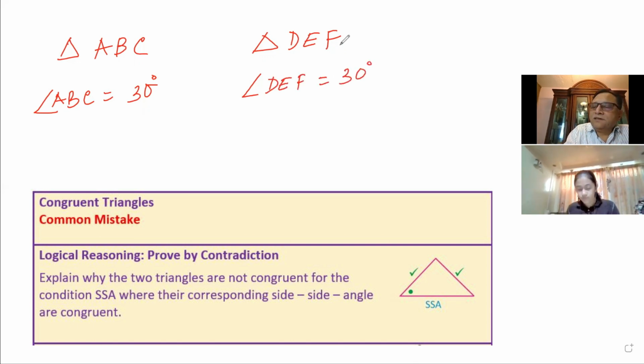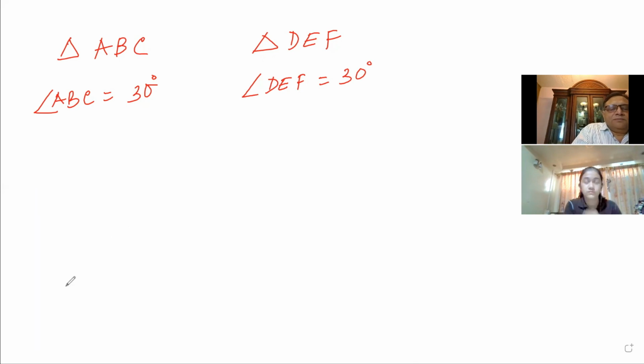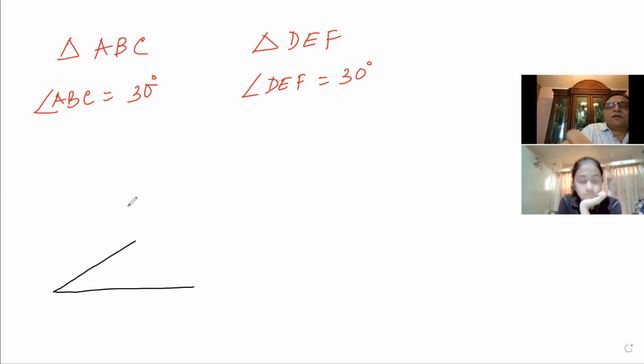So I have got the same angle, correct? Right? So let me just draw triangle ABC for your convenience. So we have one triangle where this is 30 degrees. And now I'm saying that in triangle ABC, I have this side which is equal to, let us say, 3 centimeters, or let's say 2 centimeters.